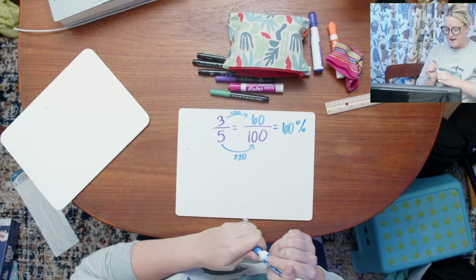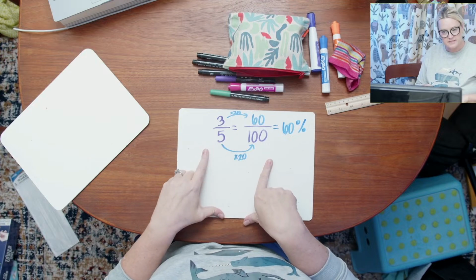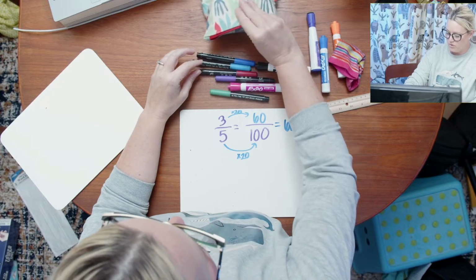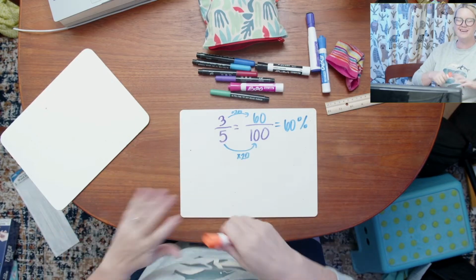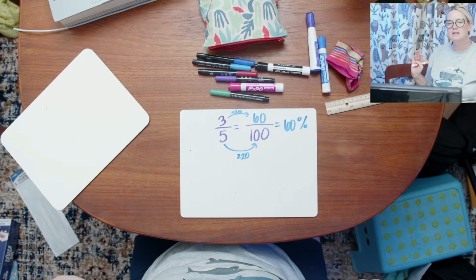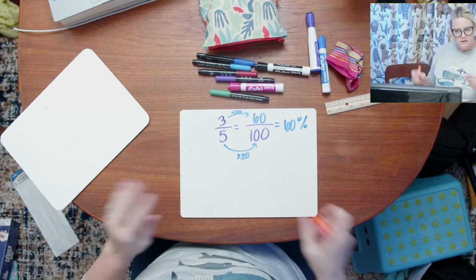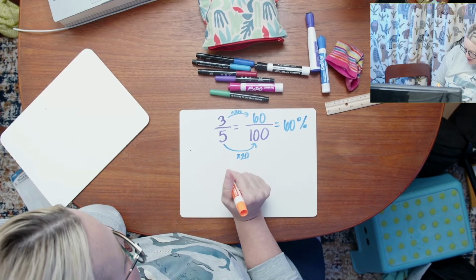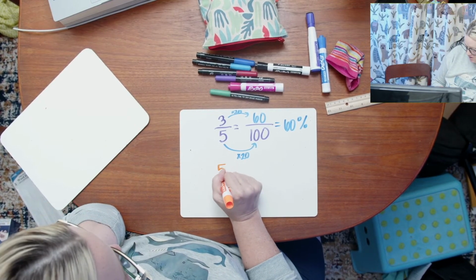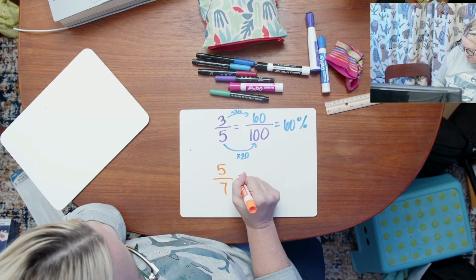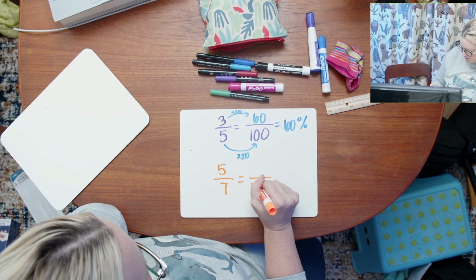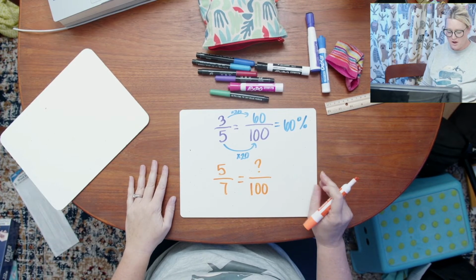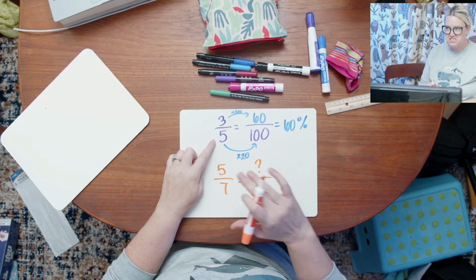Now, I know this is a very easy conversion from 5 to 100. So if something is a little more complex, like 5 out of 7 equals something over 100, you're still doing the exact same idea.